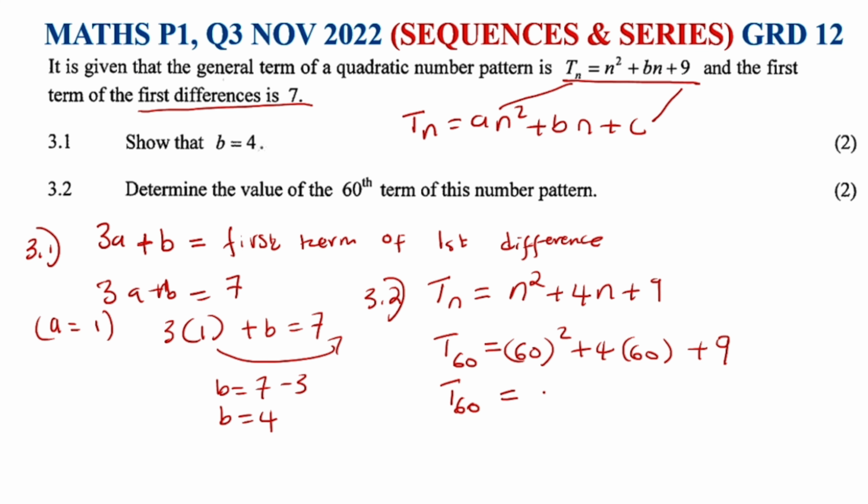If you punch this in your calculator, you should be able to get 3847. Okay, and that's how you would deal with 3.2.